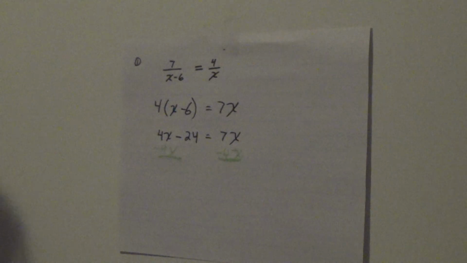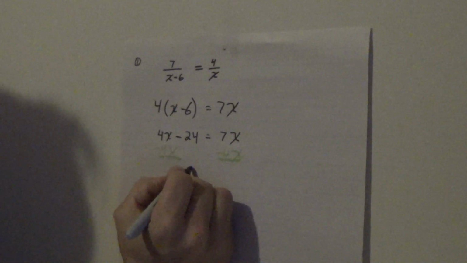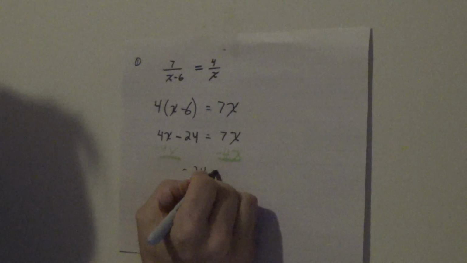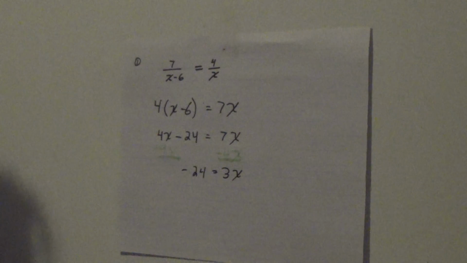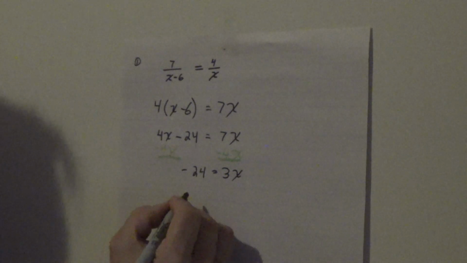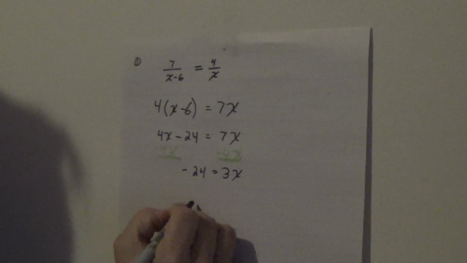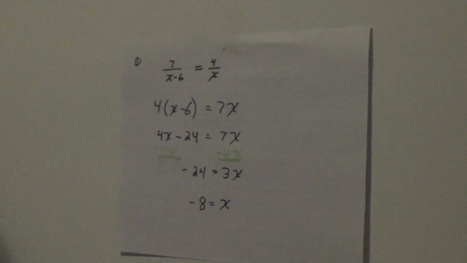That will go away here and leave me with just negative 24 equals 7 minus 4, which is 3x. Then lastly, to get x by itself, I just need to divide by 3. So I have negative 24 divided by 3, and that's going to give me negative 8 equals x. And that's how we solve that.